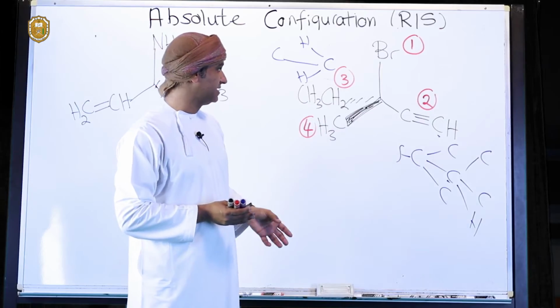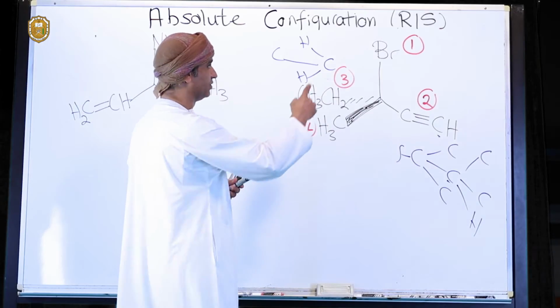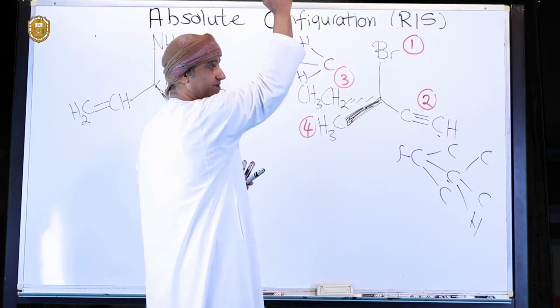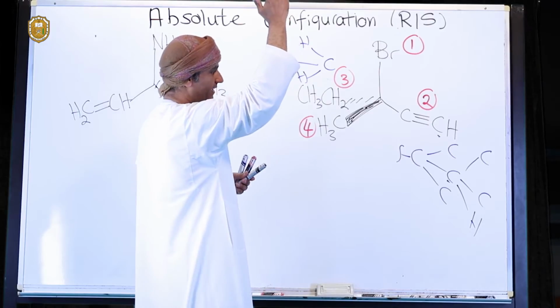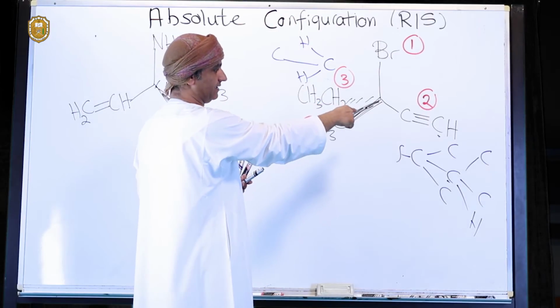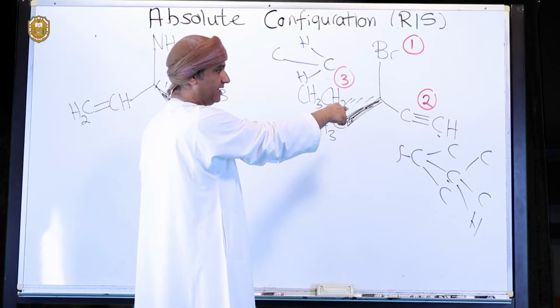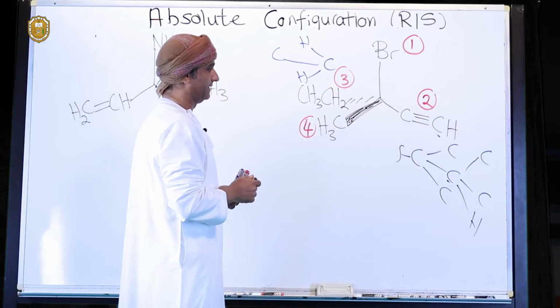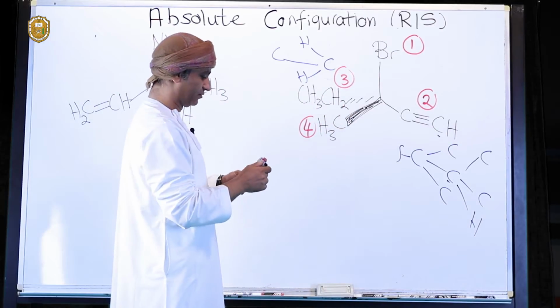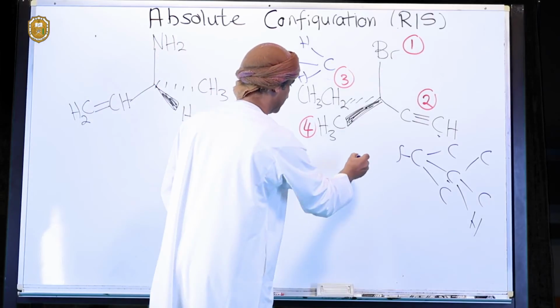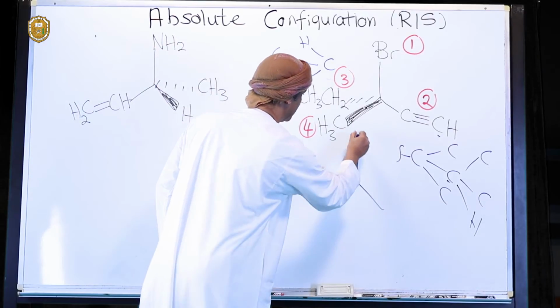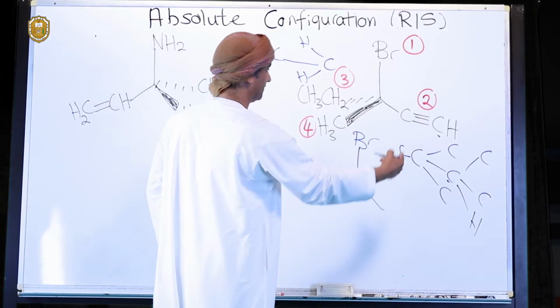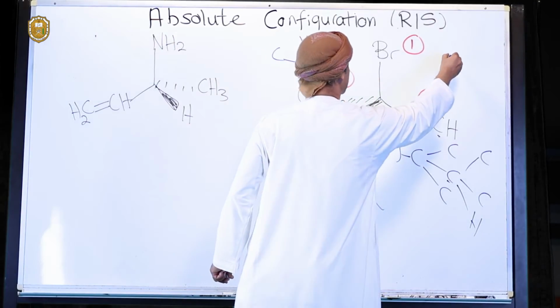If you do that, what do we see? Now, what we see is actually the bromine group is up, and then the alkyne unit on the left side, and of course the ethyl group on the right. So this is actually what we get. We have Br here. If you look from behind again, this is the way we look.